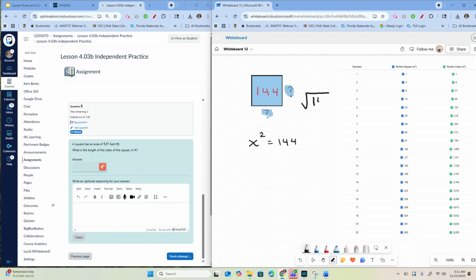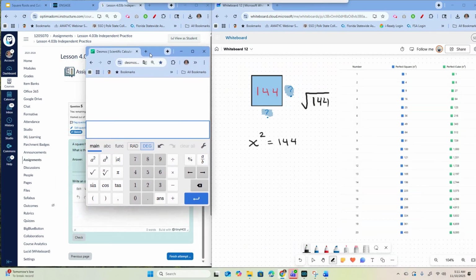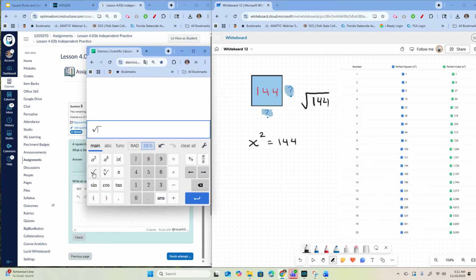So I'm going to do the square root of 144. And take your calculator. You can use the table, but I want you to start practicing also with a calculator. Do the square root of 144, and you can see you got 12. So the question mark here is the x. So x is going to be 12, but keep in mind there's always two answers when you do square root.